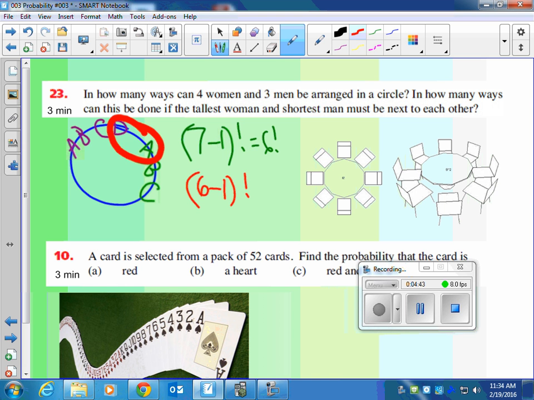But what else do we have to include? Why is that, Trevor? Yeah, these can switch places, AD and DA. So we're going to multiply by 2. So this is interesting. This is 6 factorial. This is going to be 5 factorial times 2 for the circles.